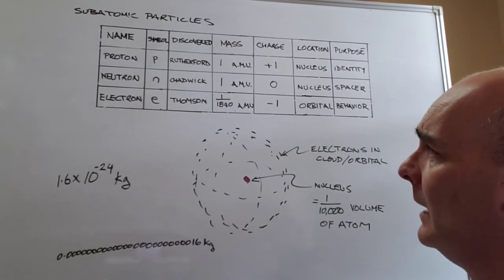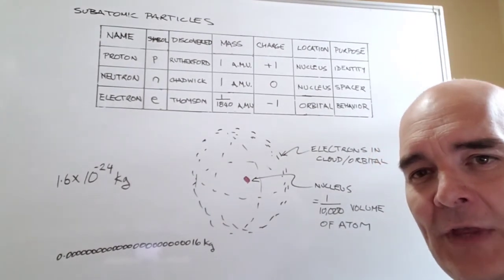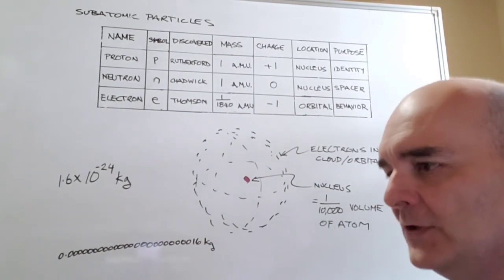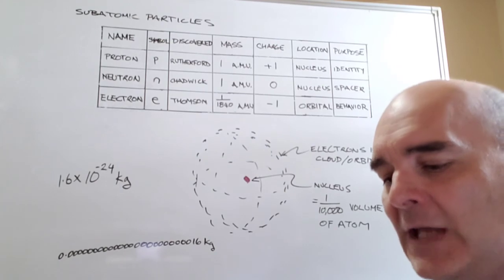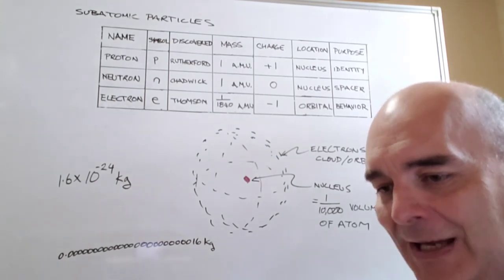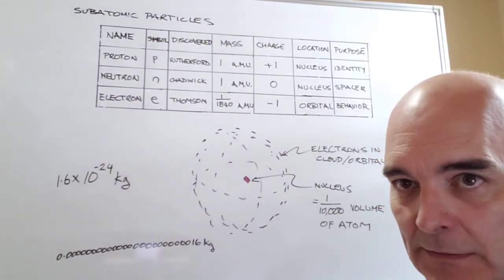Okay. Why do we need 3 subatomic particles? Well, it turns out that they each do something subtly different. We're going to learn by looking at the periodic table that the number of protons in an atom gives the atom its identity.